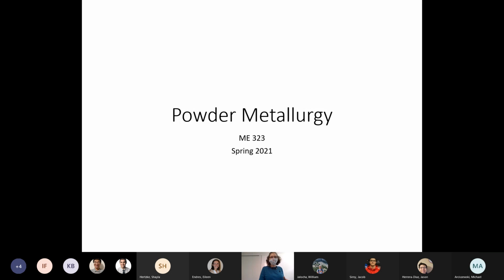And then just the chemistry. Sometimes we have alloy powder, and sometimes we have pure metal. So sometimes we actually mix pure metals. Most of the time, we actually create the alloy. So let's look at some pictures.